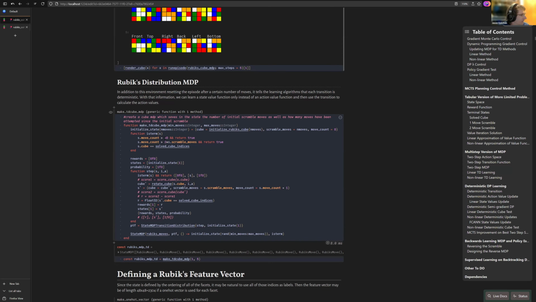The reason why I have this 50 here is also because, if you know about these cubes, even if you scramble it like 100 moves, once you reach like 20 or 30 scramble moves, it's sort of maximally scrambled. So you don't actually have to multiply this by 2. Even something that is far from an optimal solution should still be able to solve it in 50 moves.